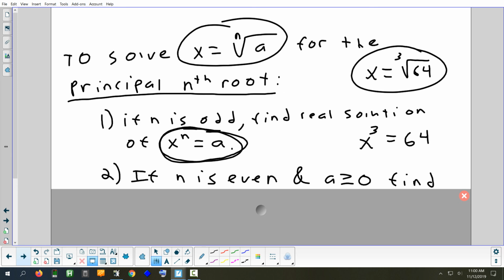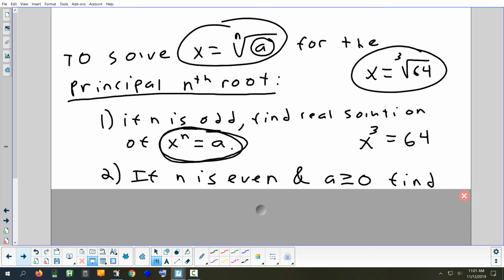Now, if n is even, there's another restriction on the radicand. It has to be greater than or equal to 0. Why? Think about a square root. What would happen if I try to take the square root of -5? Yeah, it's imaginary, okay?